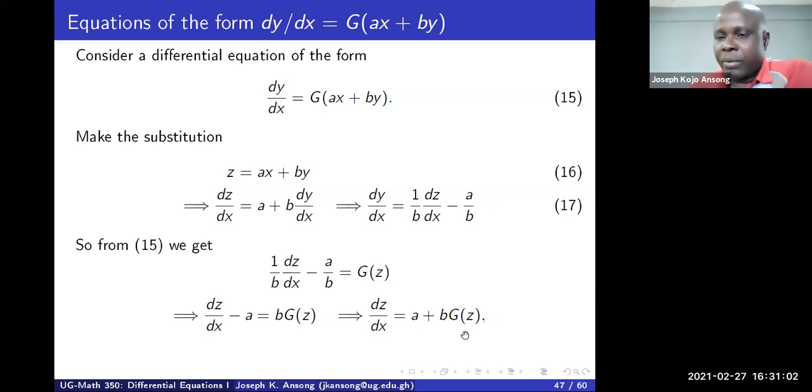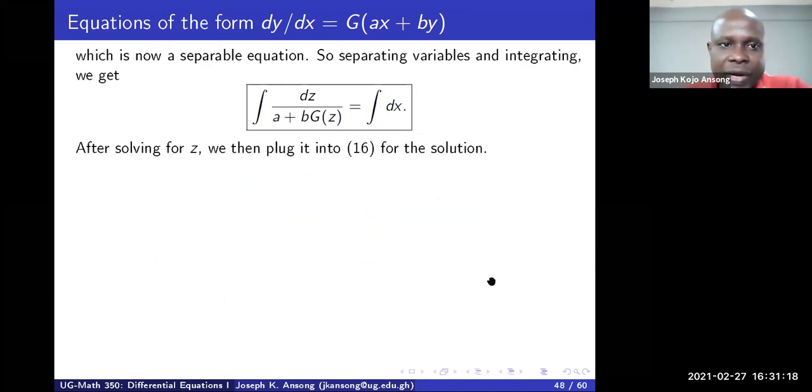So now it's separable. If you make this substitution, this becomes separable. a and b are constants. The right-hand side is all z, so we can divide through by it and take the dx to this side. You've separated the variables, and then you can integrate, and you get dz over a plus b g(z) is equal to dx.